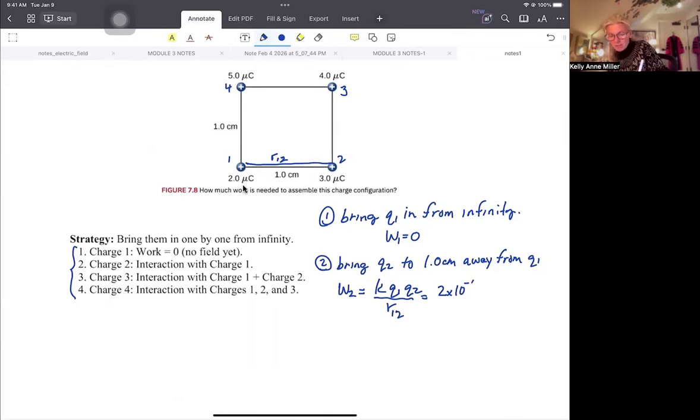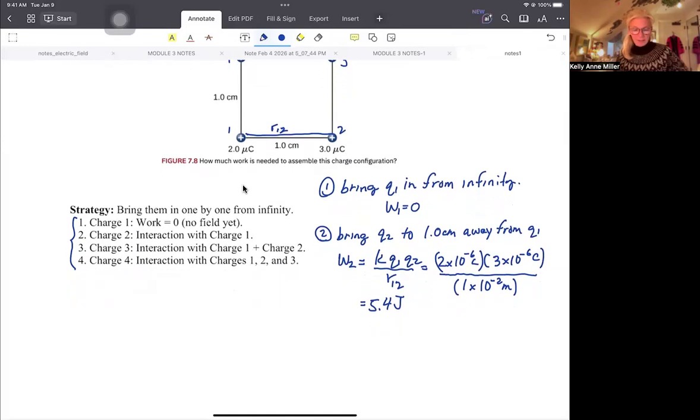So it's 2 times 10 to the negative 6 coulombs times 3 times 10 to the negative 6 coulombs divided by the distance that separates them. So 1 times 10 to the negative 2 meters. Okay, and if I do that out, you should get 5.4 joules. Okay, so that's step 2.